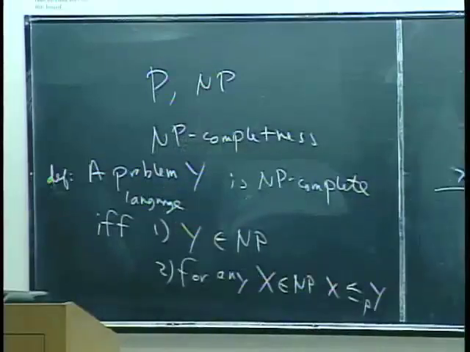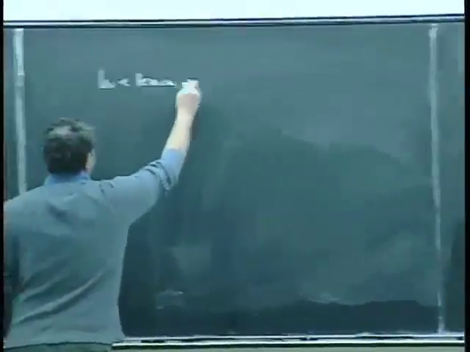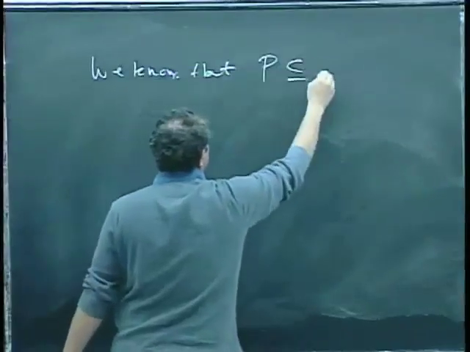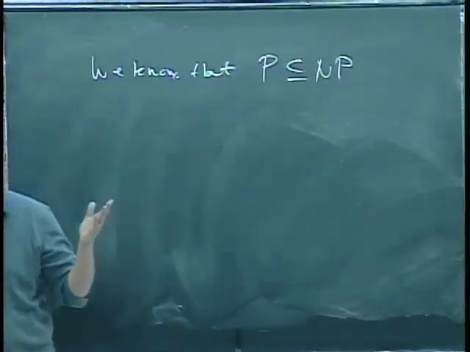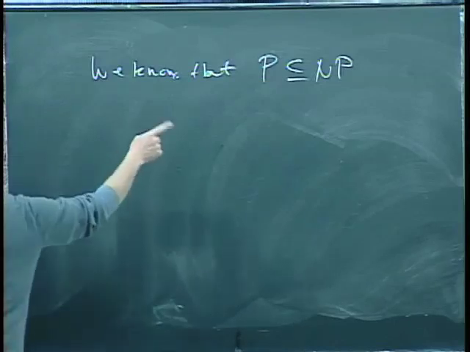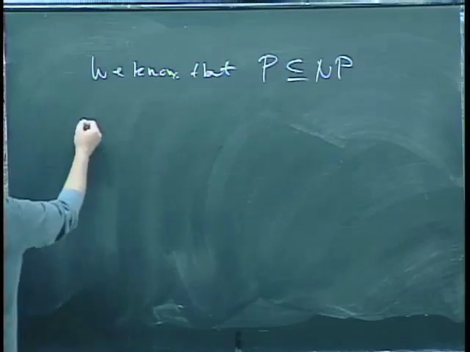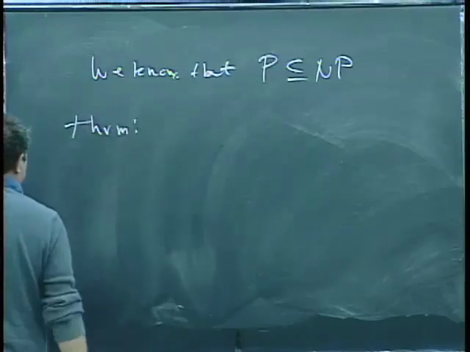And previously we saw that P is contained in NP. We proved that last time. It's a two-line proof if you have the right definitions, which is what we did last time. Now, given that and given this notation for NP-completeness, we can get some other results, maybe call them corollaries.